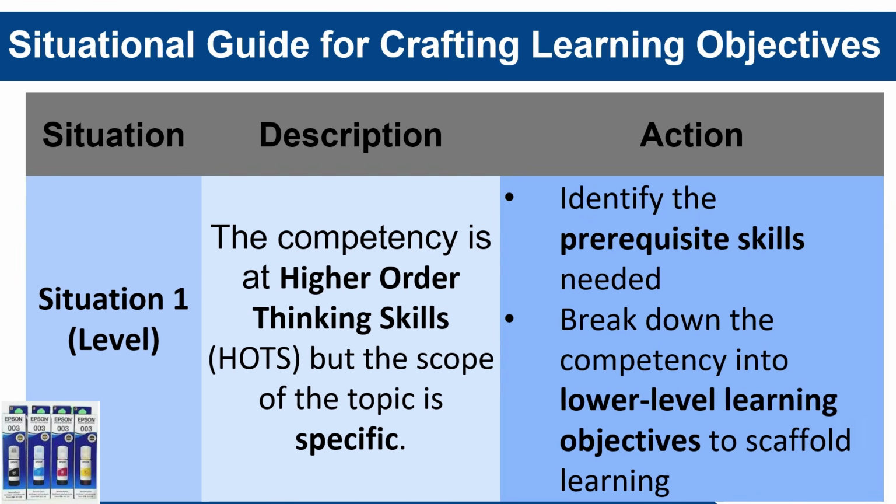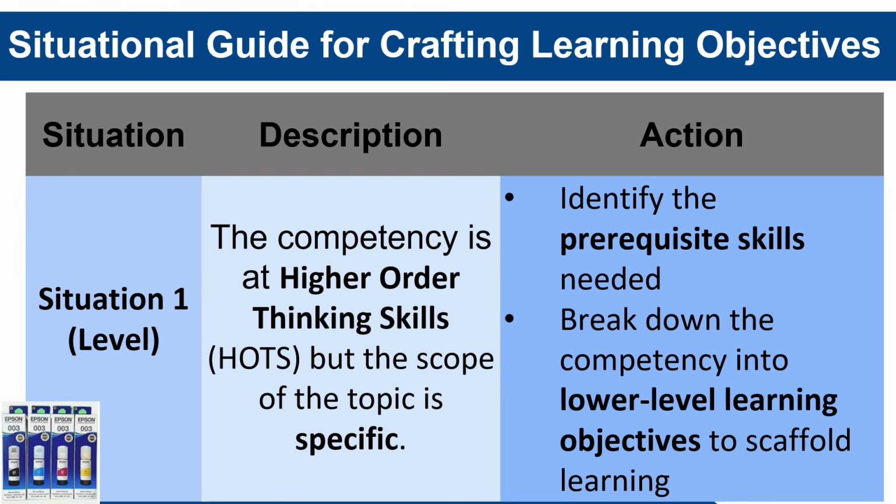So here will be your situational guide for crafting learning objectives. Situation number 1. The competency is higher order thinking skills, HOTS, but the scope of the topic is specific. What are we going to do?